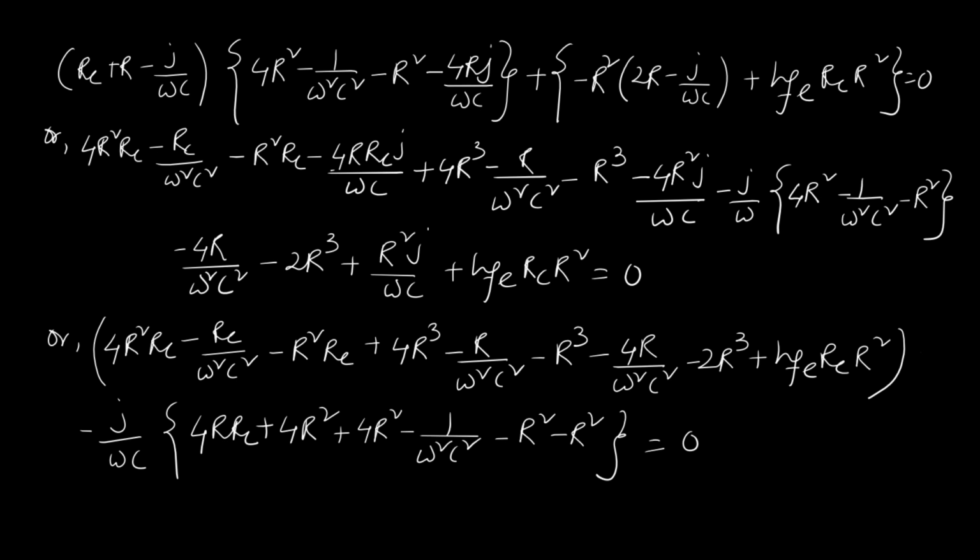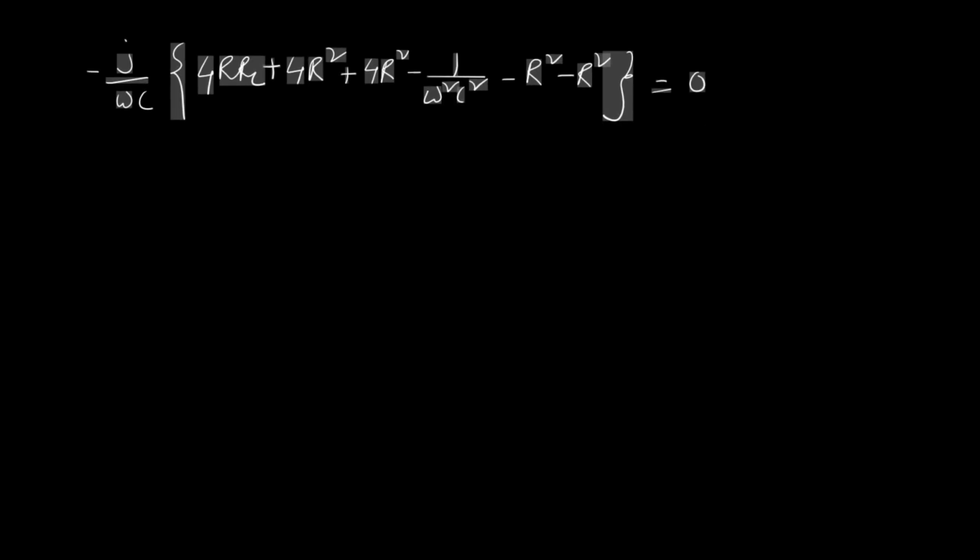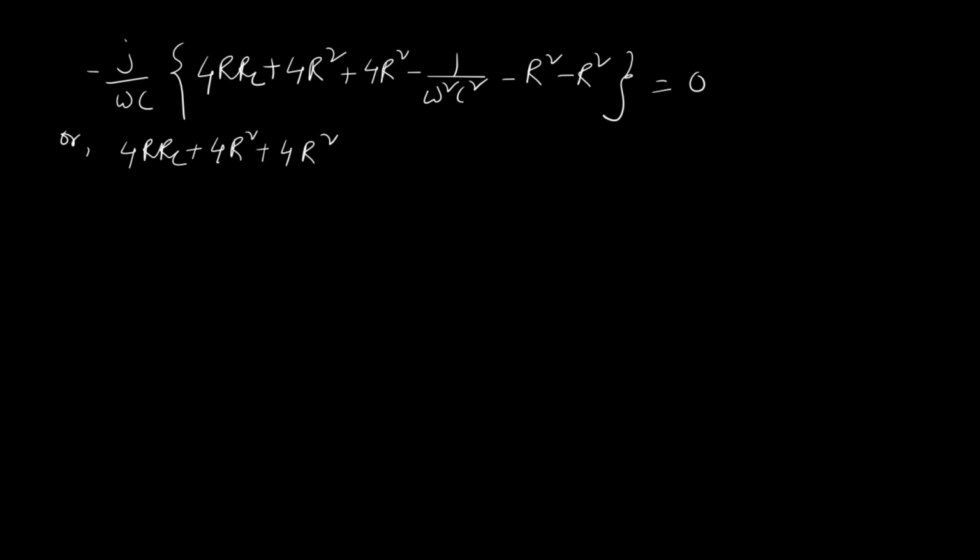Then taking the imaginary part 0, so this equals to 0 or 4R RC plus 4R square plus 4R square minus 2R square equals to 1 by omega square C square.